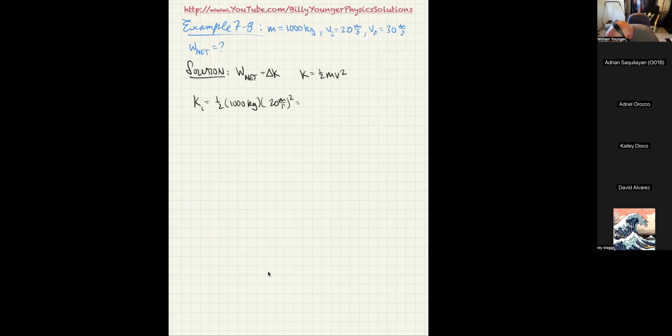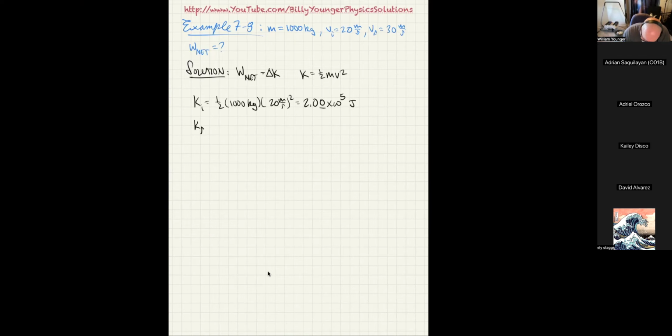So I'm going to say 0.5 times 1,000 times 20 squared, which obviously we can do all that math in our head, but we don't need to. This is 2.0 times 10 to the fifth. And of course, that works out to be joules, as I just showed you in that previous example.